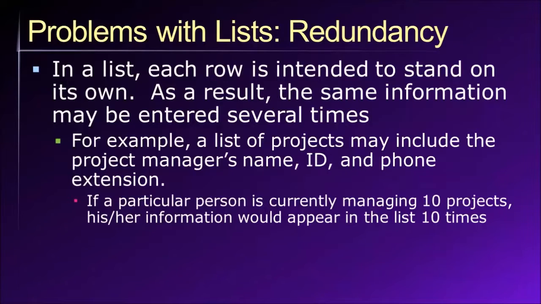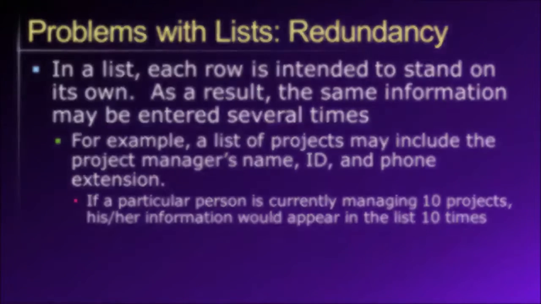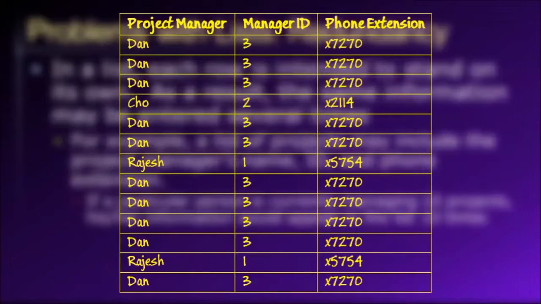Now, ordinarily this wouldn't be such a big problem, but imagine if the same person, the same project manager, is simultaneously managing multiple projects. In that case, using a simple list, the project manager's information would necessarily appear on the list multiple times. Now, what is the problem with this?